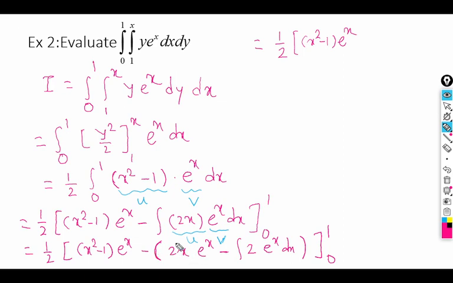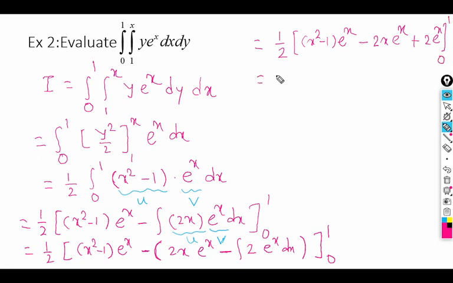Then minus 2x e raised to x. And what about this last term? This minus sign, and here is again minus. Minus of minus is plus 2 e raised to x, and limits 0 to 1.